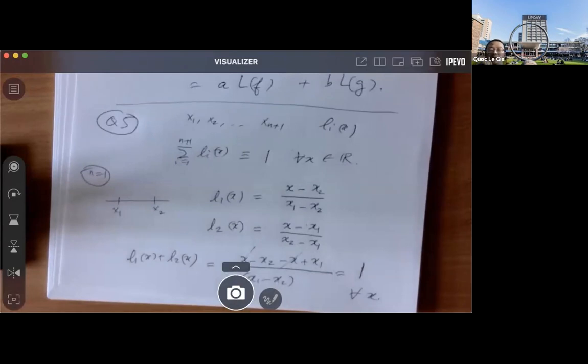If you have time, you can check it for n equal 2, n equal 3, and so on. But now we want to prove it in a general case.